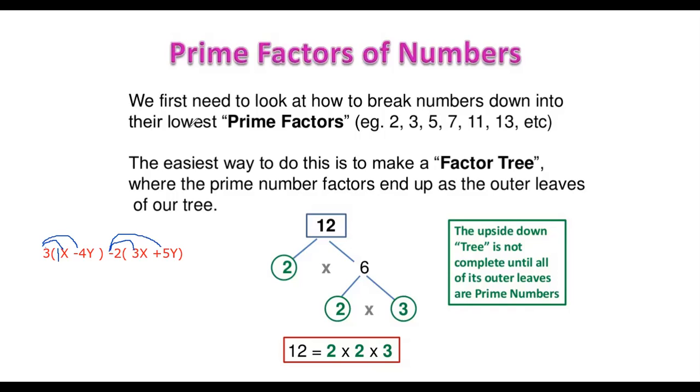Now we will start to write the answer. 3 times 1 will be 3x. 3 times negative 4 will be negative 12y. Minus 2 times 3 will be negative 6x. Negative 2 times 5 will be negative 10y.